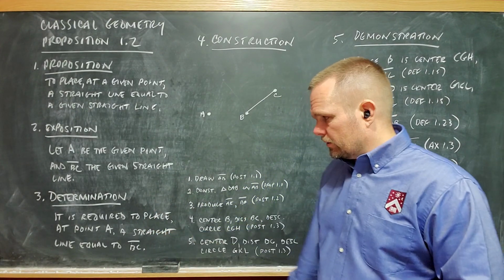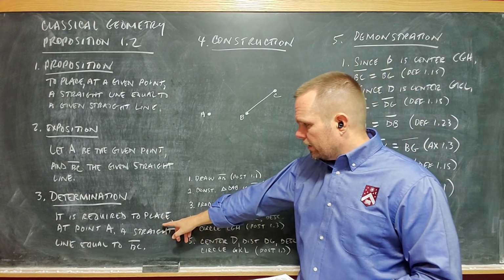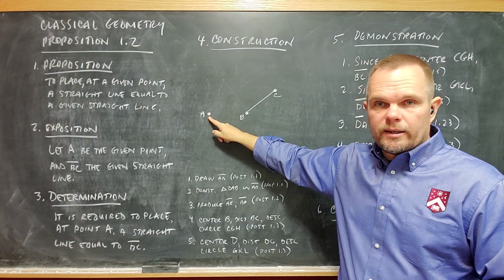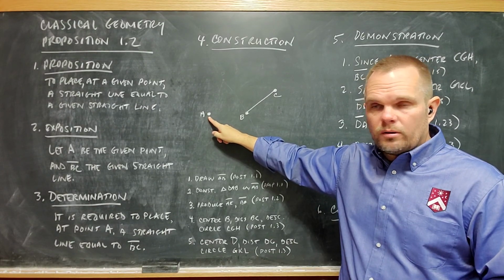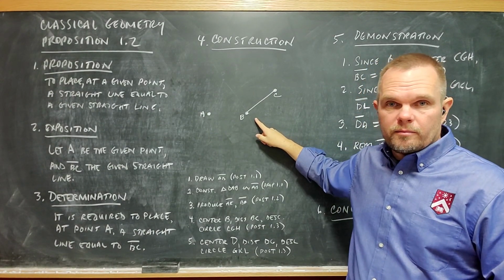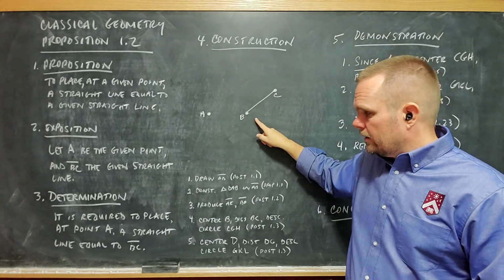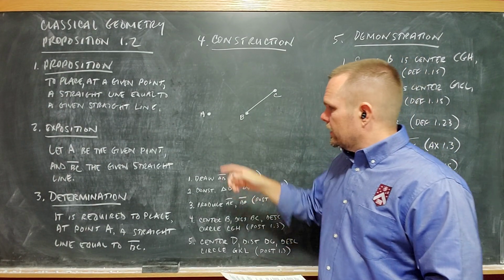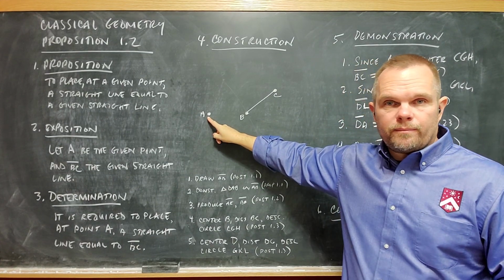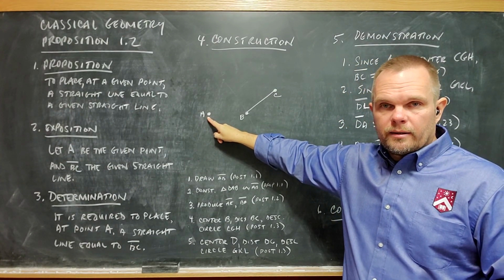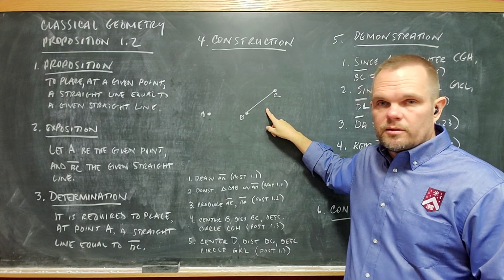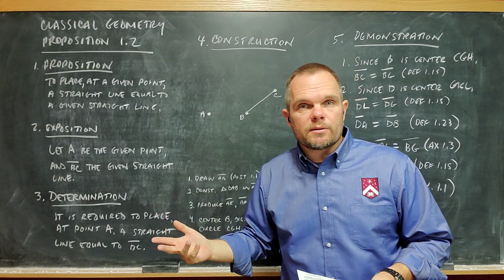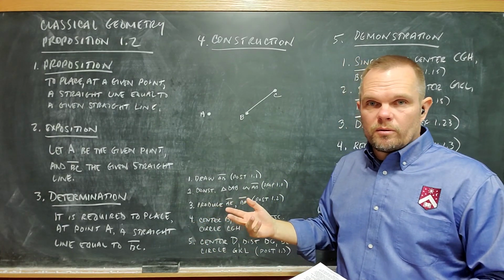It is required to place at point A a straight line that's equal to line BC. So the challenge of this proposition, what we're seeking, is to draw a line at point A that's equal in length to line BC. And remember, we're only allowed to use the elements of geometry to do so.